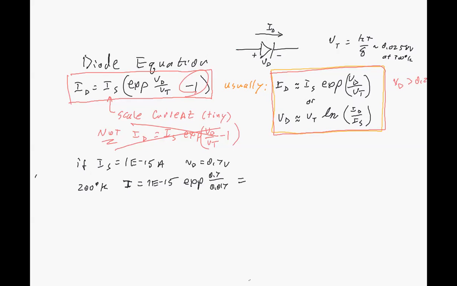And this equals 762 amps. That's a big current. It's cold, and we get a big current.